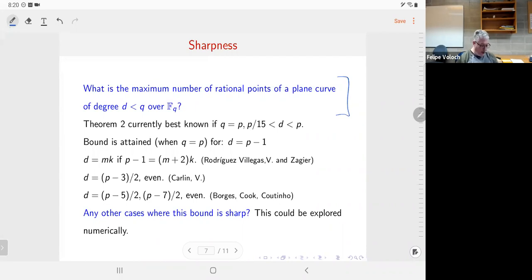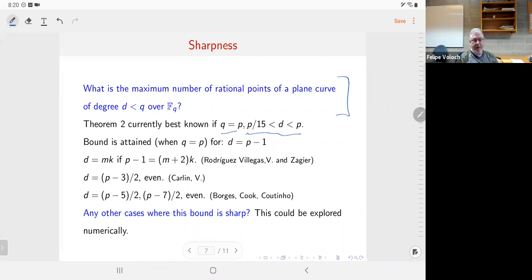Okay, so what do I know? I'm going to switch to q equals p, the prime case, so I don't have to worry about Frobenius non-classical curves for the moment. In this interval, which in some sense is the longest interval, it's most of the degrees between p over 15 and p, I don't know any better bound for the number of points of a plane curve.